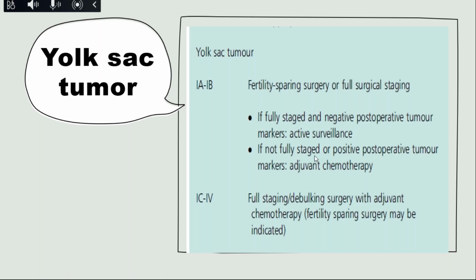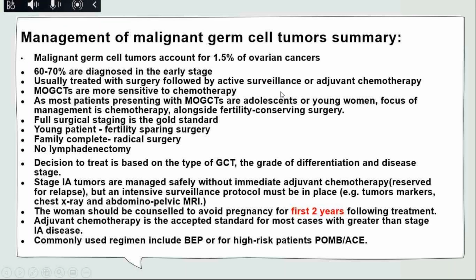But if it is not fully staged and/or there are positive postoperative tumor markers, we have to go for adjuvant chemotherapy. And from 1C to 4, full staging with debulking surgery and adjuvant chemotherapy should be given, because these are highly malignant tumors. So this is the overall management of the malignant germ cell tumors.